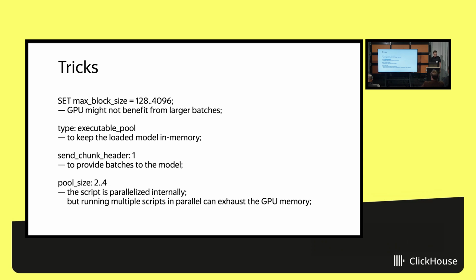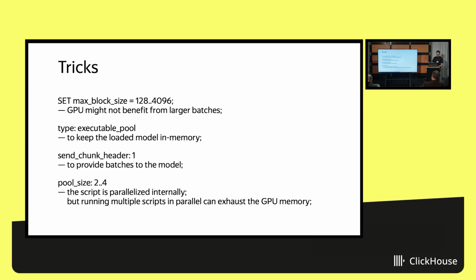I used the executable pool type of function. I used chunking, and I used a process pool size of 2, something between 2 and 4. The reason is that when I collect a batch of text and pipe it into the model in Python, I used PyTorch, and it will use internal parallelism.